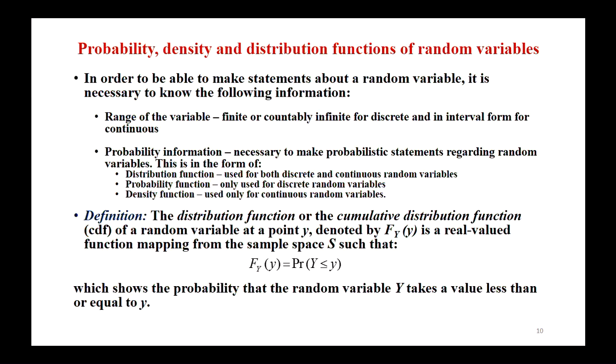Okay, that's how one denotes a distribution function. That is the probability that the random variable, capital Y, takes a value smaller than the point lowercase y. That's the definition of a cumulative distribution function, or distribution function. I'm sure you've all seen that before. I hope you've all seen that before.